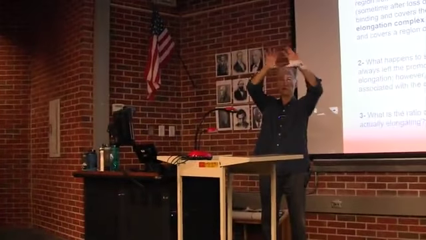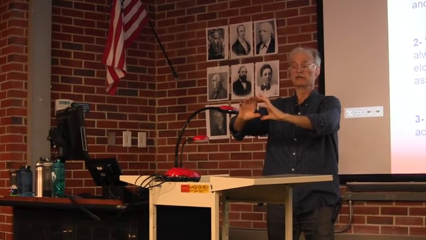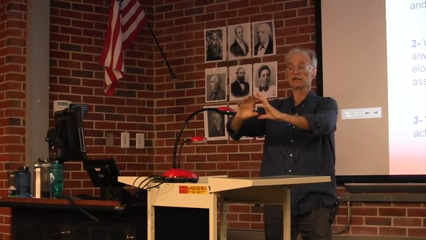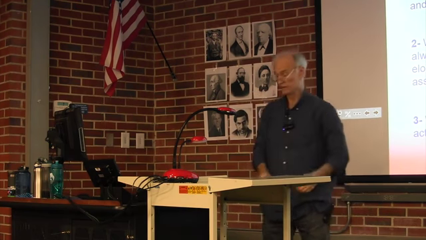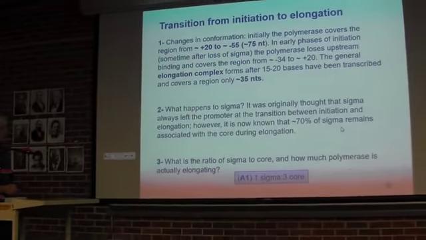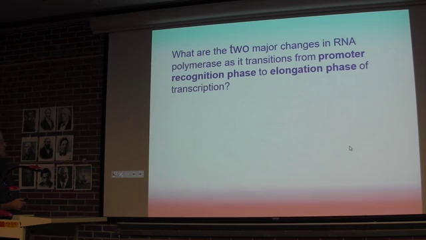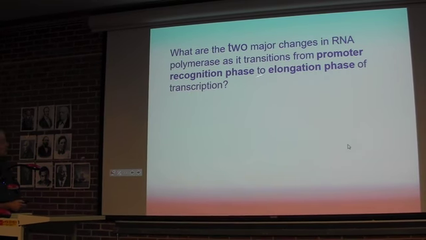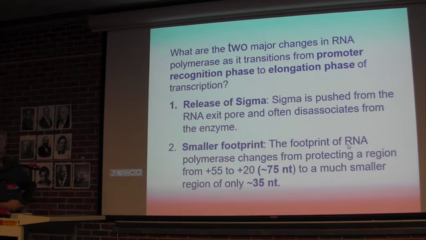In that pie chart, 50% is bound to non-promoter DNA, 25% is in the initiation stage, and 25% is elongating. That pie chart is pretty important. The two major changes in polymerase's transition from promoter recognition phase to elongation are one, release of sigma, and two, a smaller footprint.